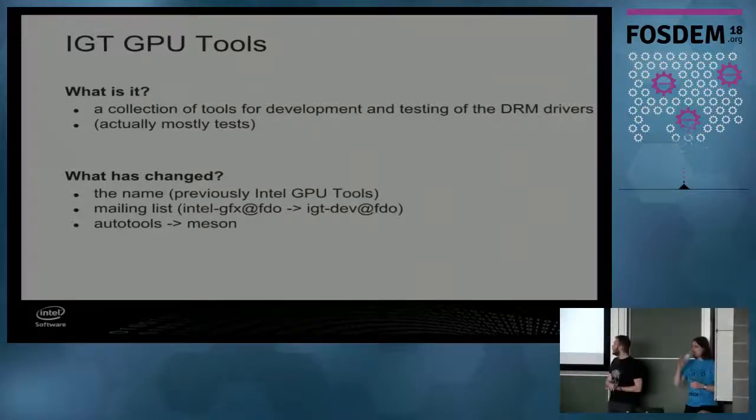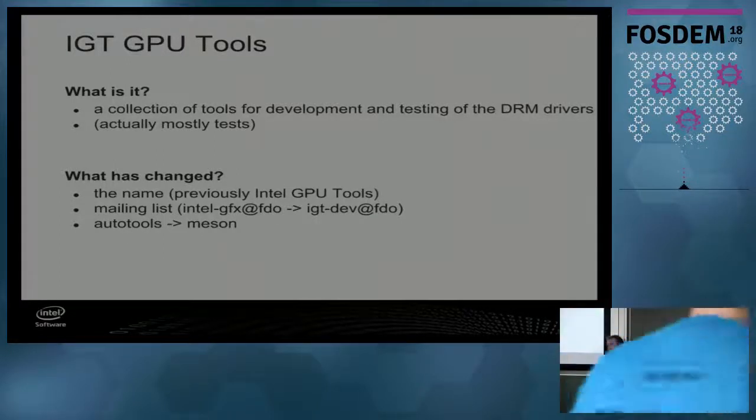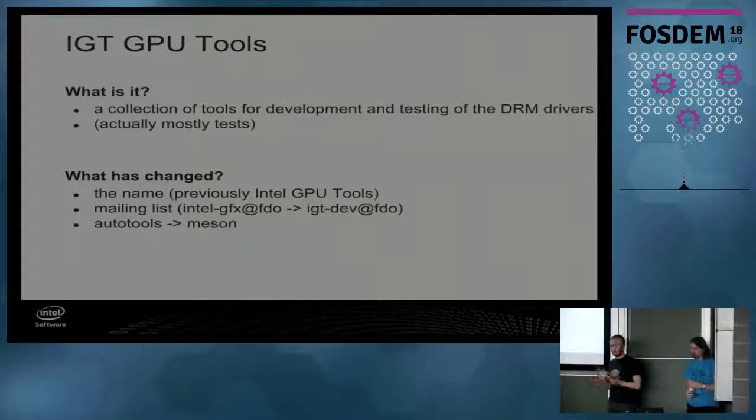So recently we made a couple of changes to the project to aid new development. We changed the name. Previously it was named Intel-GPU Tools, but we dropped the Intel from the name because we support other drivers as well. So it's not only Intel now. We support AMD GPU, and have a couple of tests for that. We have a couple of tests in integration with NVIDIA drivers and a couple of tests for VC4. So it's more than Intel. We also moved the mailing list, so people won't be put off by sending mails to a company-named mailing list.